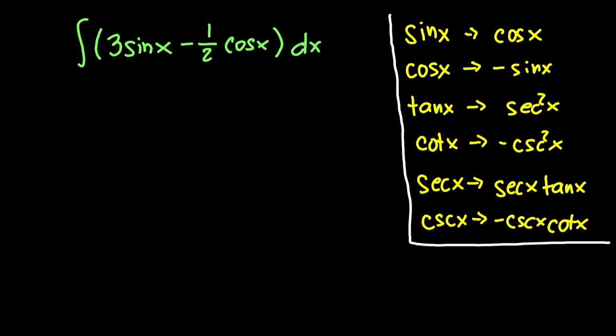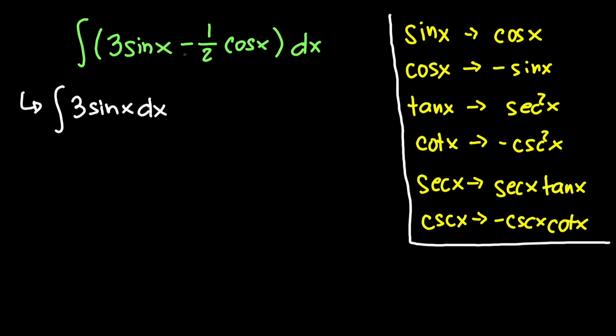The integral of 3 sine of x minus 1/2 cosine of x dx. Now let us split this integral into two parts. So this would be equal to the integral of 3 sine of x dx.